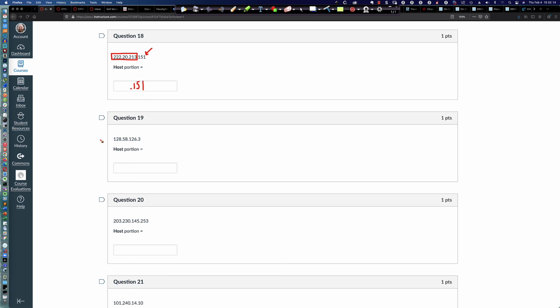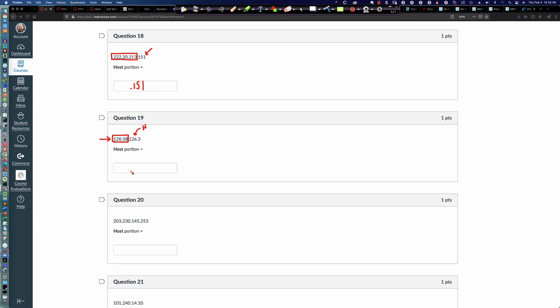Now remember, this one's a little tricky because we said it's from 1 to 126 and then 128, because 127, those are those loopback addresses that we do not use when we're doing routing, right? So 128 would be the Class B, right? That first value in the Class B range, 128. So it would be a /16.